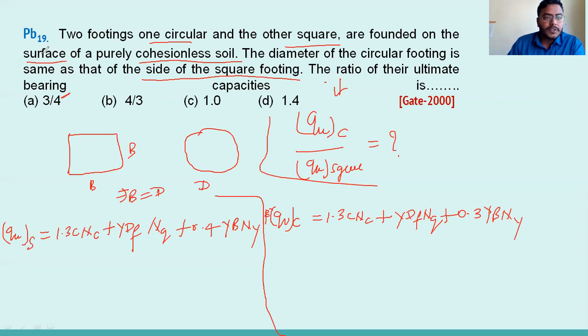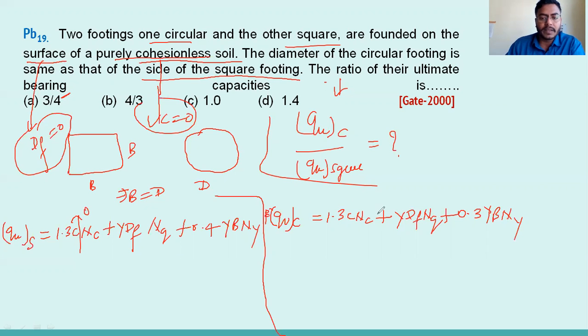In the question it is mentioned that the footing is founded on the surface, which means depth of foundation is 0. Another piece of information is purely cohesionless, which means C is equal to 0. By putting C equal to 0, this term will be 0 in both cases. By putting DF equal to 0, this term will also be 0 in both cases.